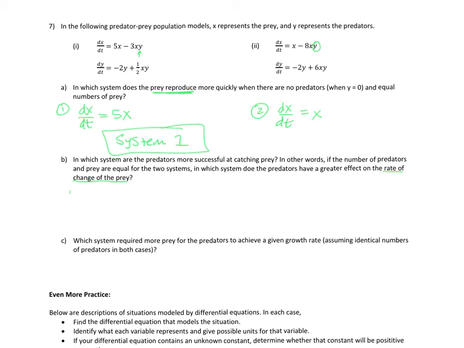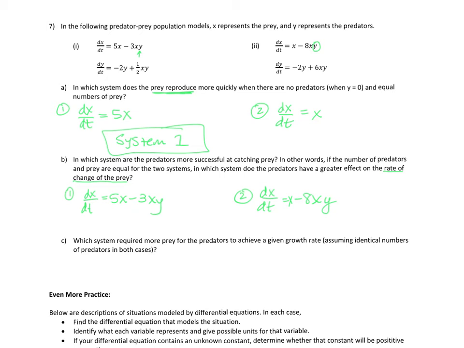So I want to look at the prey equation in each of the systems. Okay, so now in which of these systems, oops, I forgot the X there, do the predators have a greater effect on the rate of change?